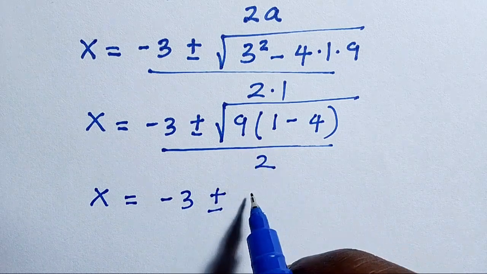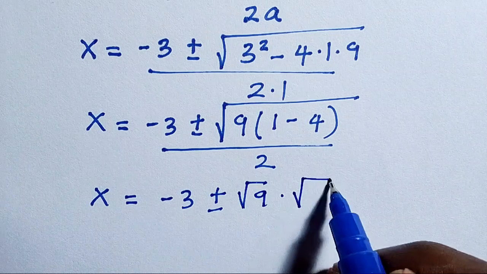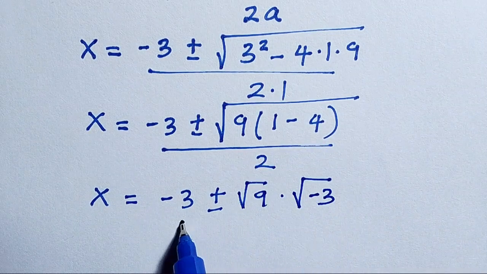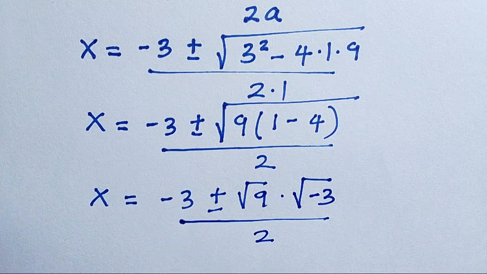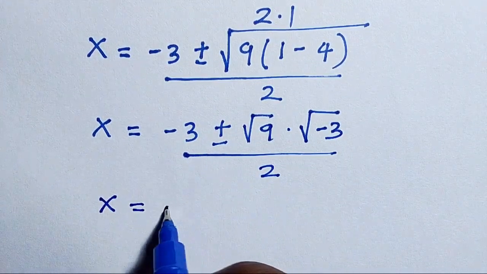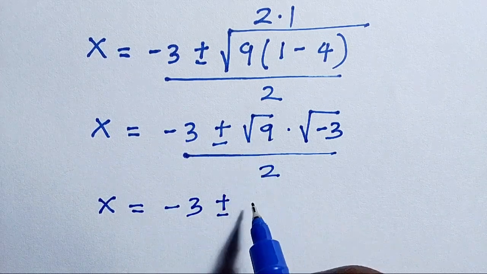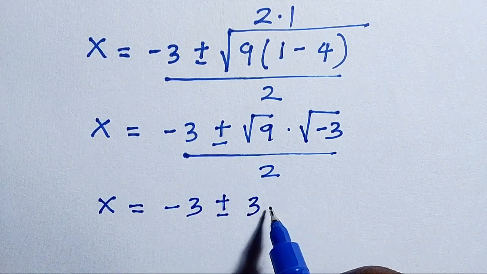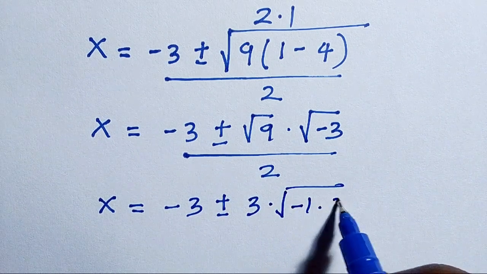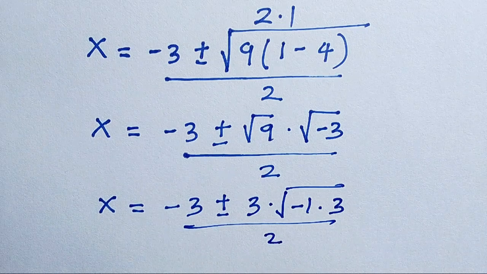So we separate this as square root of 9 multiplied by square root of 1 minus 4, divided by 2. We have x equals minus 3 plus or minus square root of 9, which gives us 3, multiplied by, we separate this as minus 1 multiplied by 3, divided by 2.